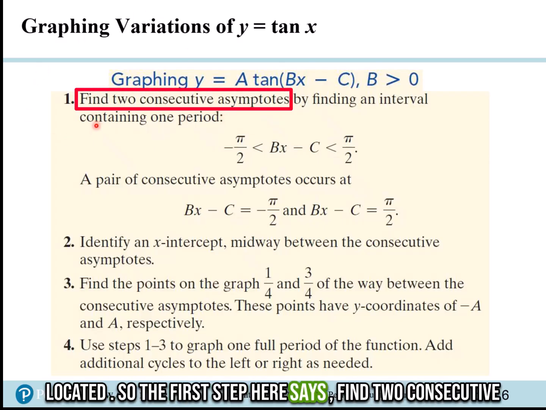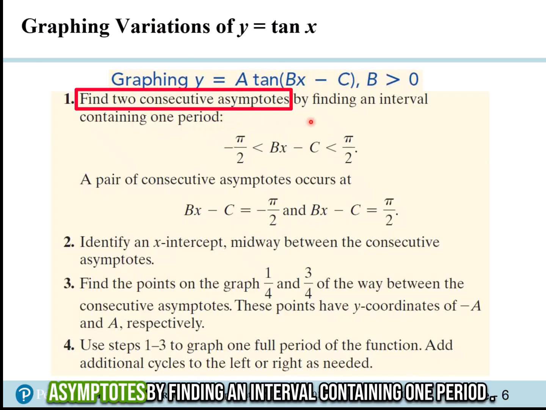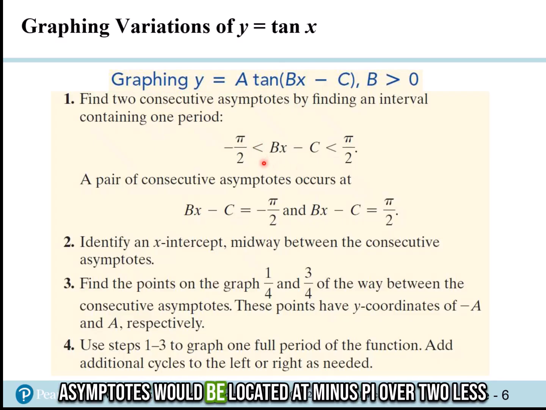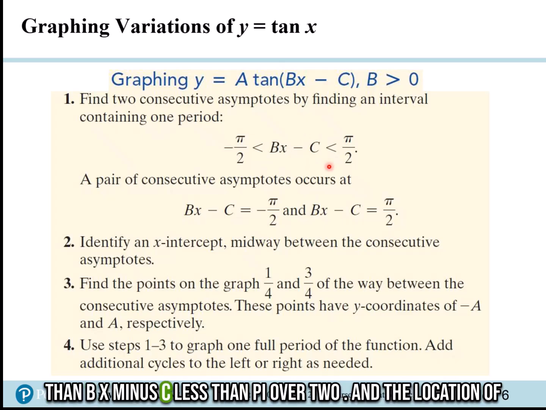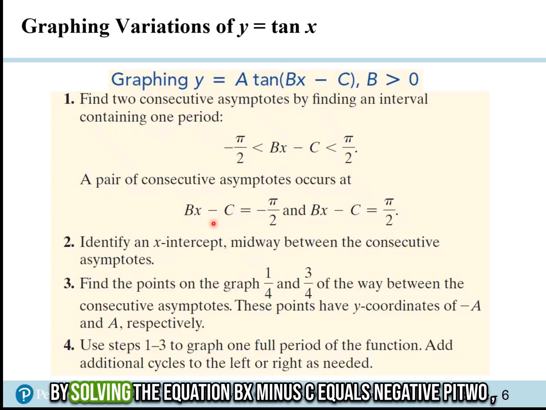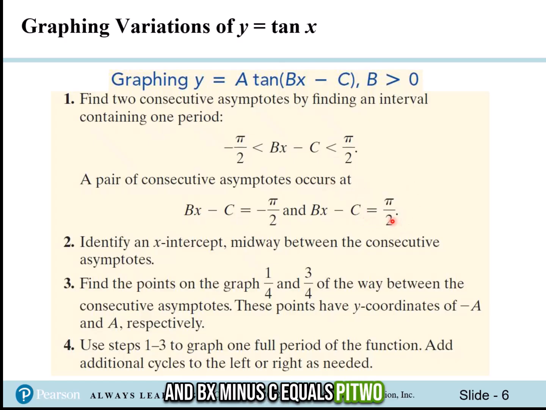So the first step here says find two consecutive asymptotes by finding an interval containing one period. The period of the tangent function is pi units, so the asymptotes would be located at minus pi over 2 less than bx minus c less than pi over 2, and the location of the asymptotes would be an x value which we will obtain by solving the equations bx minus c equals negative pi over 2 and bx minus c equals pi over 2.